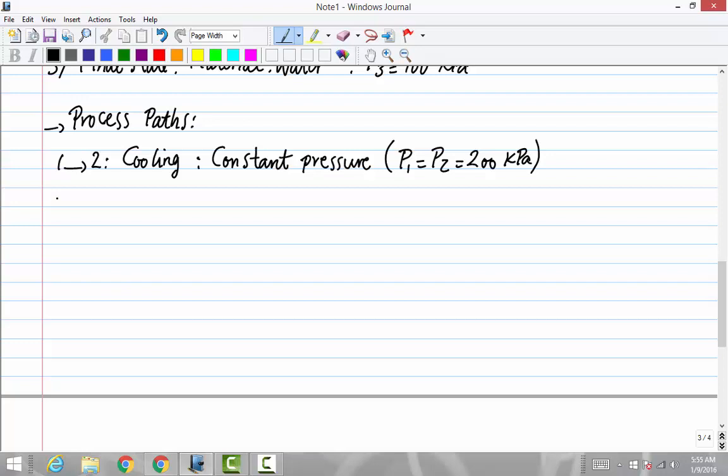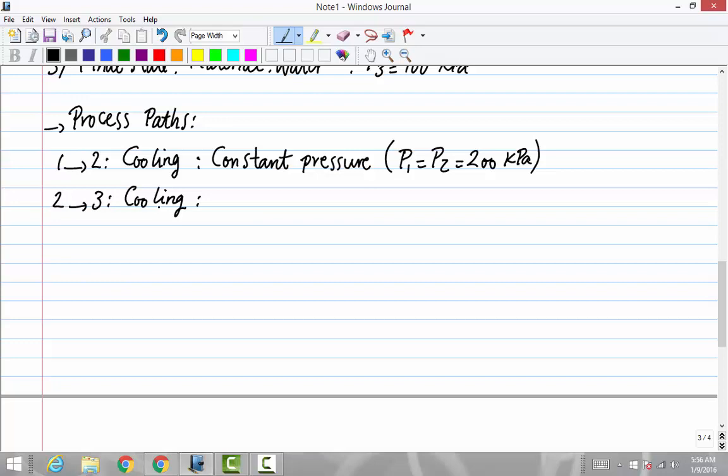And then the second path is from point 2 to point 3. Let's see what is happening. Then the water continues to cool again, so it's the second path of cooling, and until. Is there any specific condition that this process is going through from point 2 to point 3?